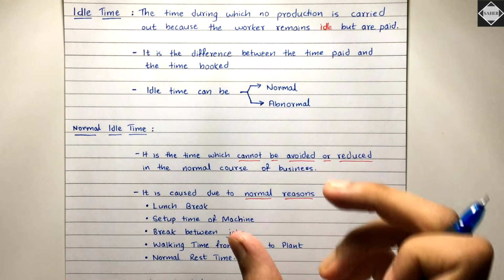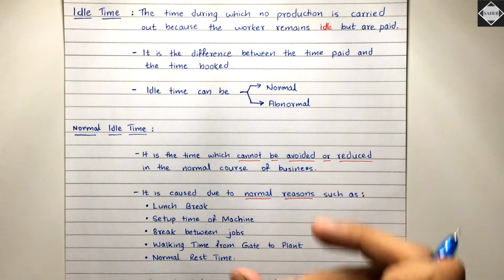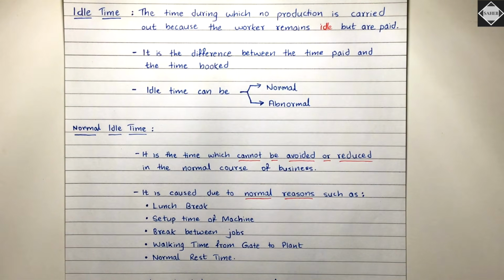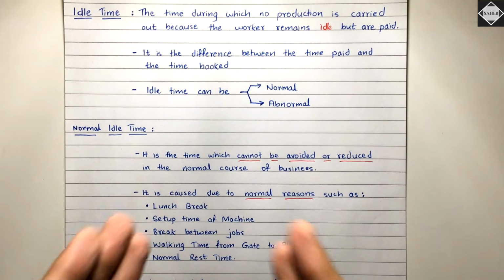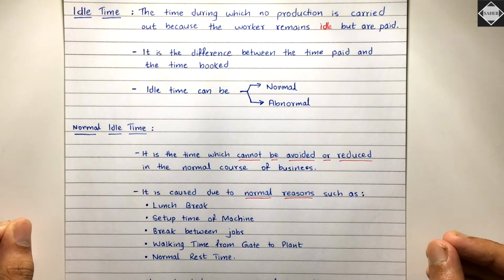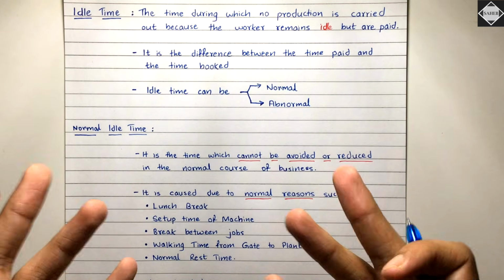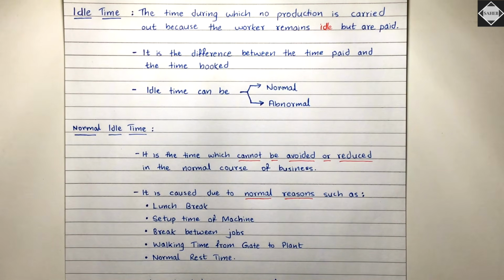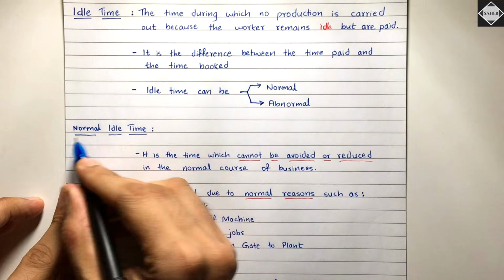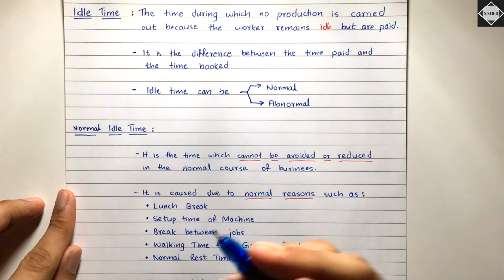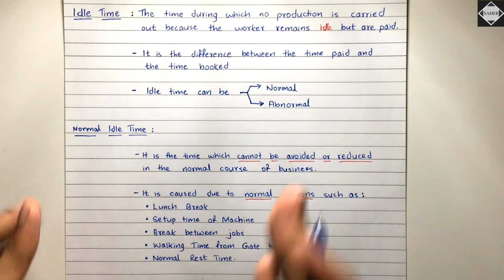Now this labor cost, we have to allocate to the different jobs that the workers do, right? So whenever the workers do jobs, you have to understand that the cost we have incurred because of normal idle time has to be charged to the jobs properly.